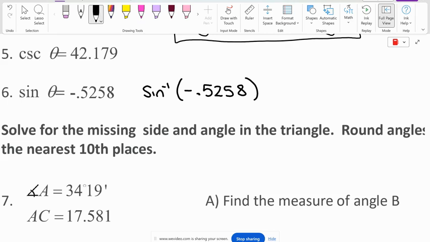And then you're going to do second apps, choice 4, enter, and you should get theta is equal to approximately negative 31 degrees, 43 minutes, and 20 seconds. Anybody need to see me type that into the calculator? No? Okay.